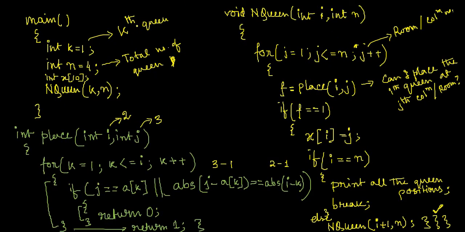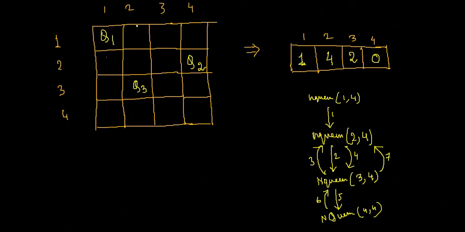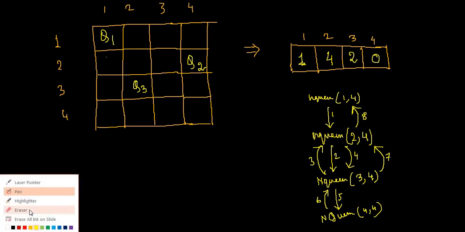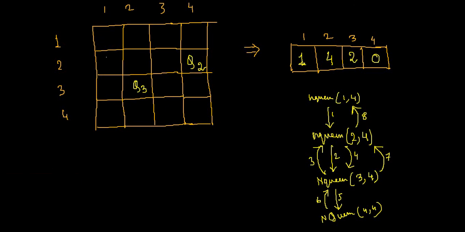Now see, that means from queen 2, 4, it will now return to queen 1, 4. Right? After returning back to queen 1, 4, from this diagram I can see that if I place queen 1, 4, there is no issue over here, right? So that means queen 1, 4 will be placed over here.